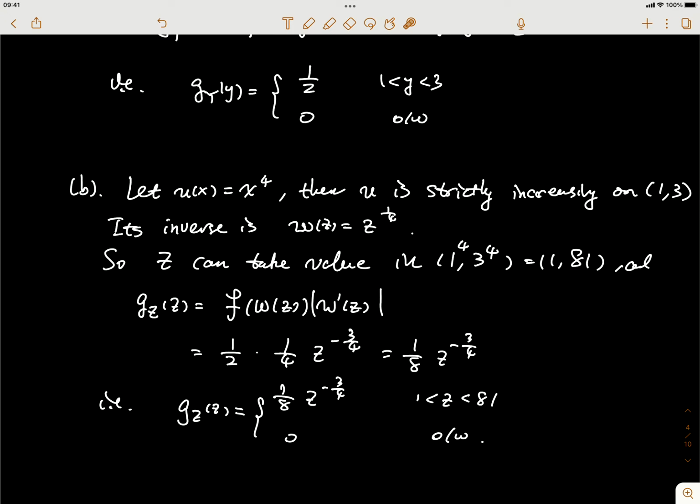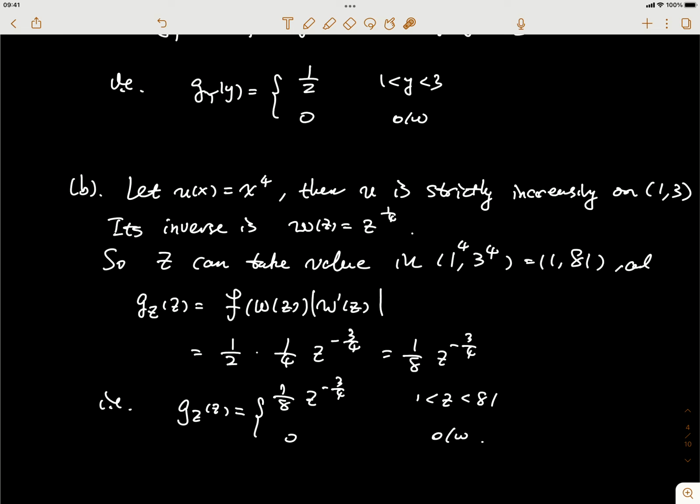The inverse of u will be the fourth root of its argument. Since z equals x to the fourth, when x is between 1 and 3, z must be between 1 to the 4 and 3 to the 4. So that's actually 1 to 81.